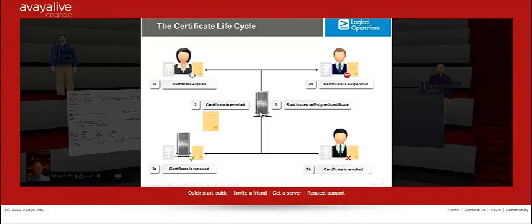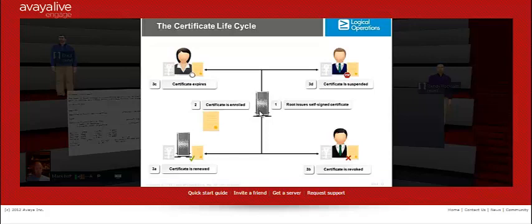If the user leaves the company or the user goes to jail or changes jobs, whatever it might be, that certificate for whatever reason is then no longer valid, so I would revoke said certificate. There's a couple of techniques we'll talk about in terms of managing that revocation process.